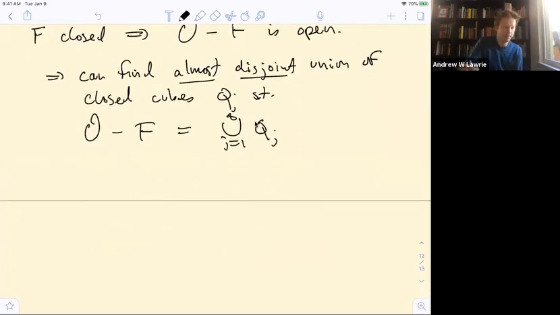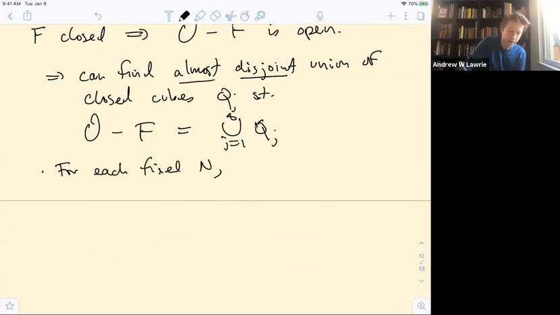Now, for each fixed n, let Kn be the union from j equals 1 to n of Qj.